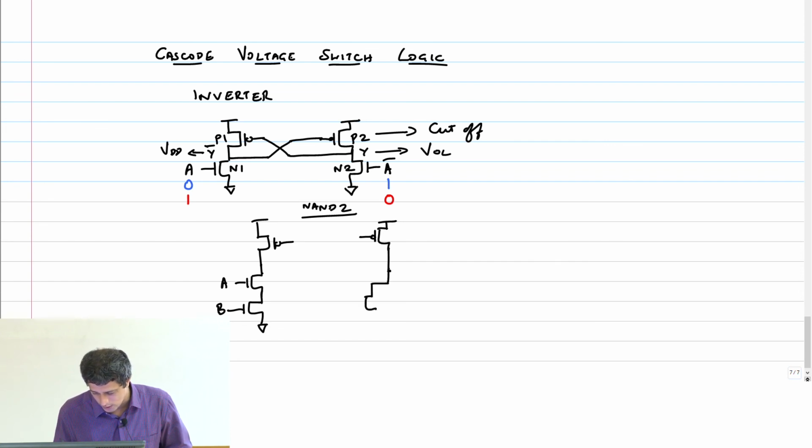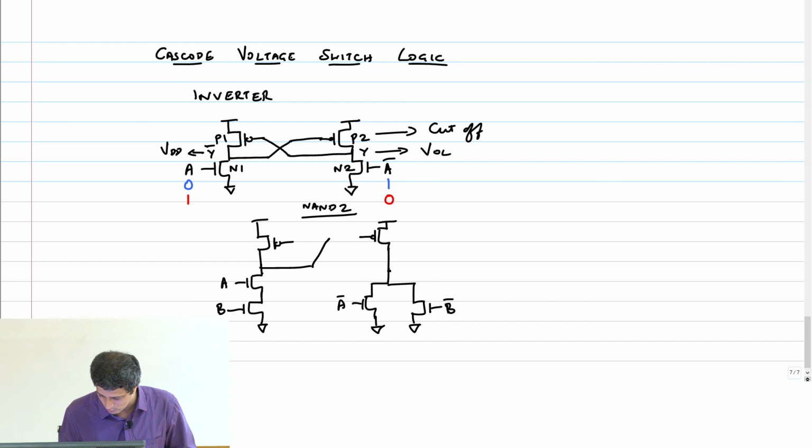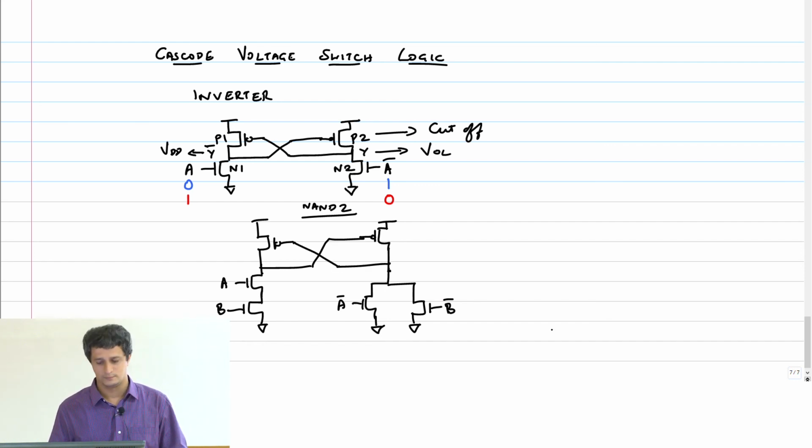It is actually the A bar, B bar. What is this logic here? This is A into B, right? Whole bar, because it's connected to ground. What is this logic?